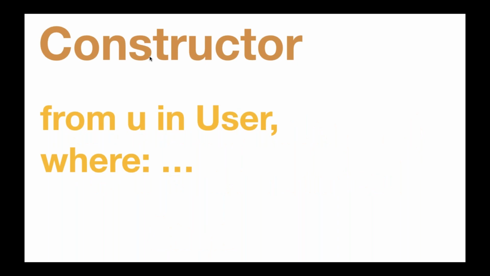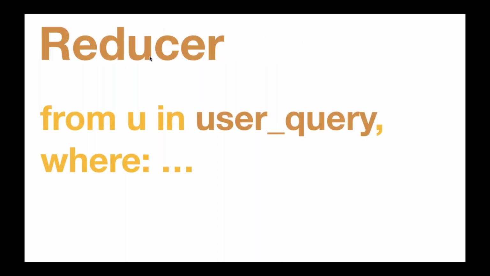And in fact, you can look at this Ecto query. It's pretty easy to shape this as a constructor or a reducer, which makes it really cool. That means I can start pipelines with it, and I can also use them as reducers in the middle of pipelines.